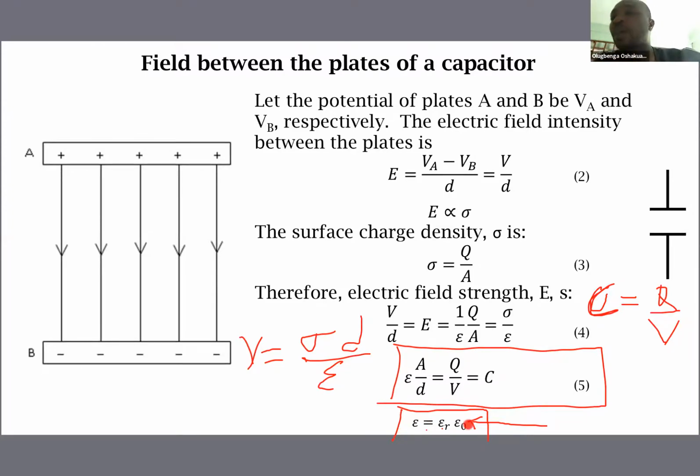When we're talking about materials generally, they all have their permittivities, but that of free space is very common. When we know that of free space, easily we can relate it with that of any other material by the relative permittivity epsilon R. So the relative permittivity and the permittivity apply to a certain medium, while epsilon naught applies to free space only.